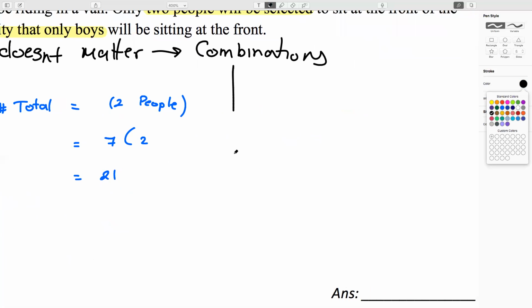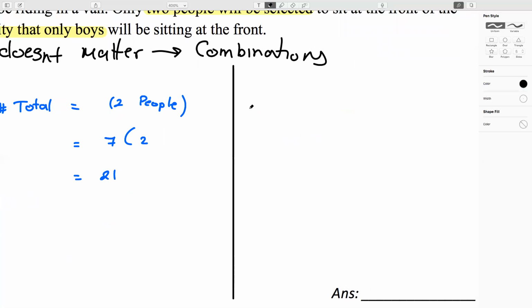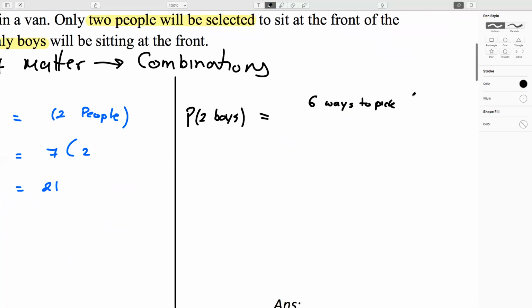So we want to calculate our probability now. The probability of selecting 2 boys is given by the number of ways we can do it divided by the total number. 6 ways to pick 2 boys, divided by 21 ways to pick total.